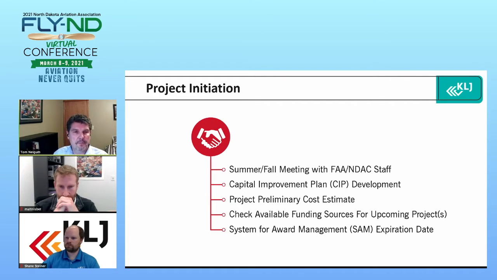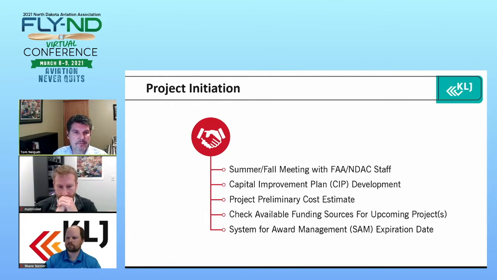So you'll look at your capital improvement plan development. With that, you're looking at the CIP in the short term, that's 1 to 3 years out, and then also the long term too. But really the focus of the project initiation is going to be distilling that and drilling it down into what you're going to do for next year's project.